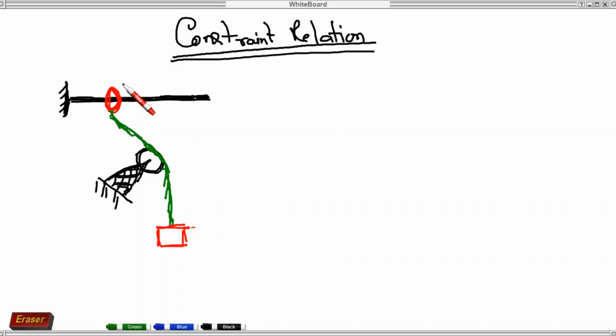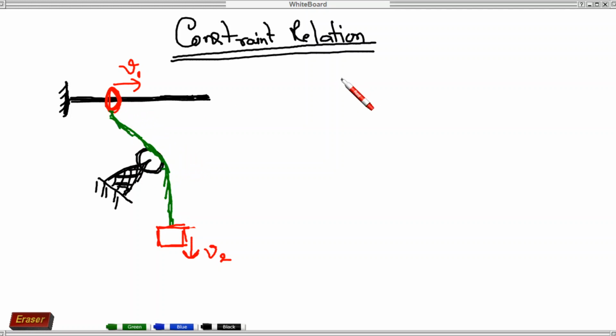So you can see this ring is moving in this direction, and this mass is moving in this direction. Suppose the velocity of this ring is v1 and the velocity of this mass is v2.